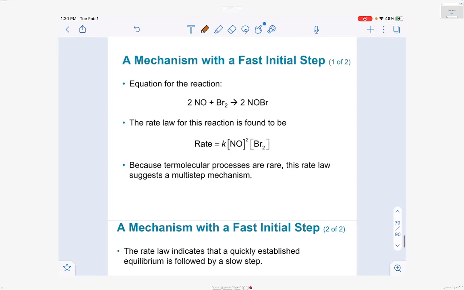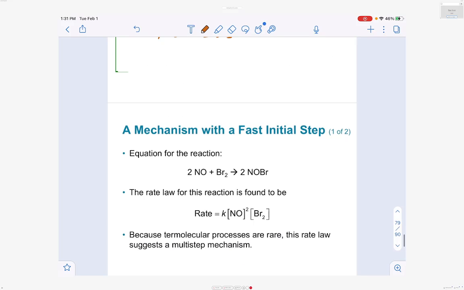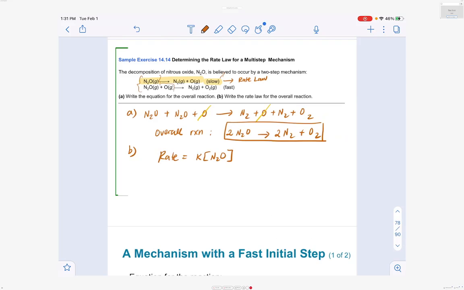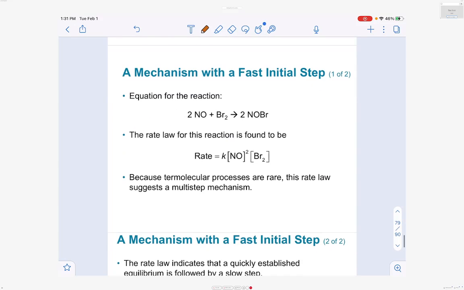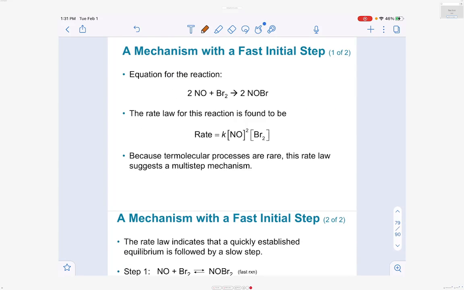Okay. So now that we have looked at the mechanism with the slow initial step, so far we have looked at the reaction with a slow initial step.